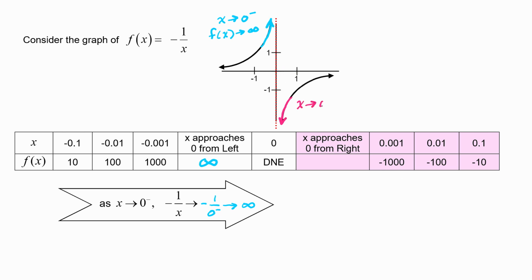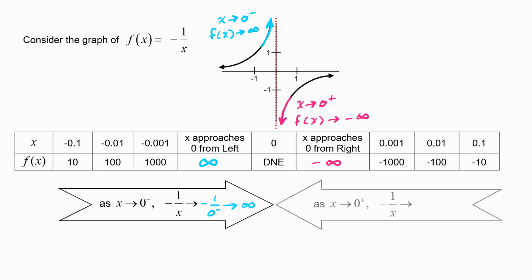So as x approaches 0 from the right, f of x is approaching negative infinity. So let's fill that in. And as we analyze that behavior, as x approaches 0 from the right, negative 1 over x means we have negative 1 over 0 plus, and we just discovered that goes to negative infinity.